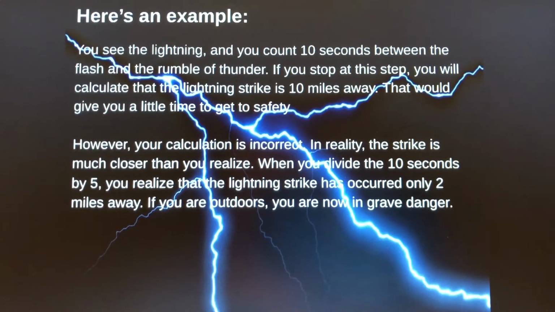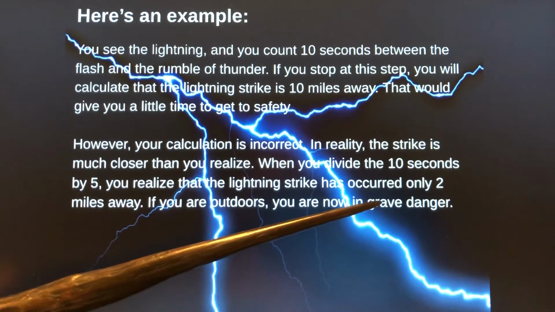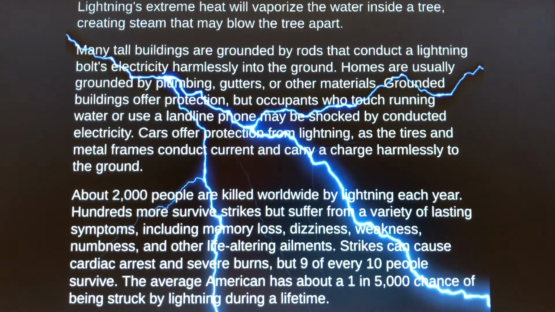When you divide by 5, you are going to find out that the lightning strike is only 2 miles away. A lightning strike 2 miles away is far too close for you not to be in danger. So you need to remember to do that second part after you count how many seconds between the flash and the thunder, then divide by 5, and you'll know exactly how far away that lightning strike was.